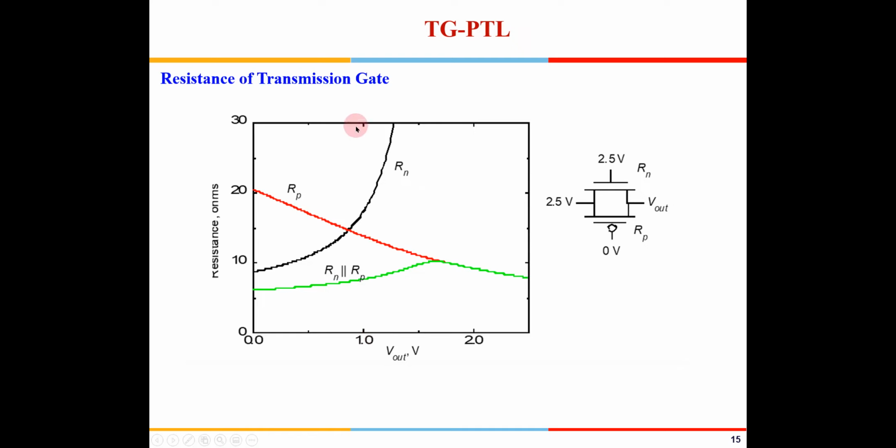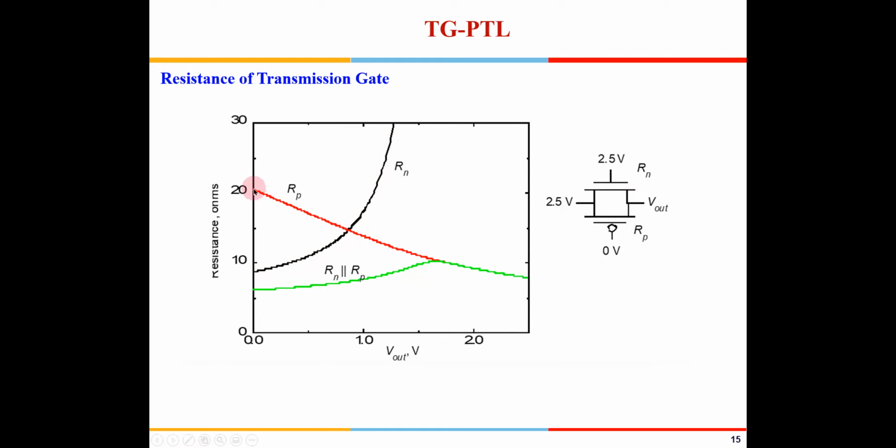Now if you see the resistance of the transmission gate, suppose I have to transmit a 1 out here. As the output reaches high, the NMOS transistor will be switched off and its resistance will go up to infinite.